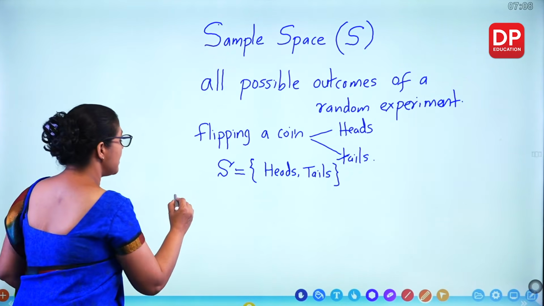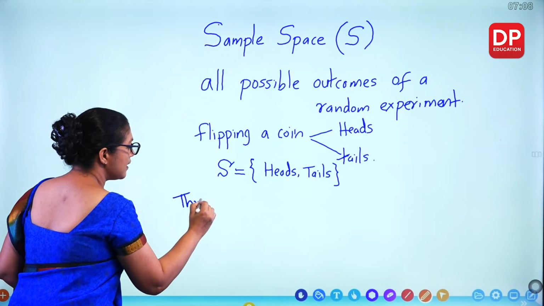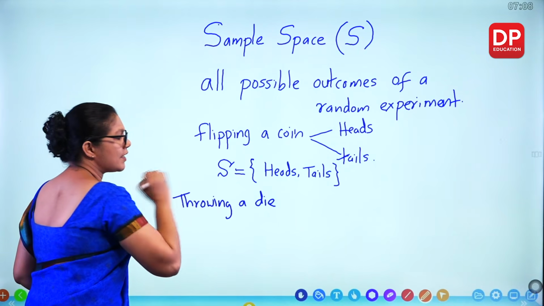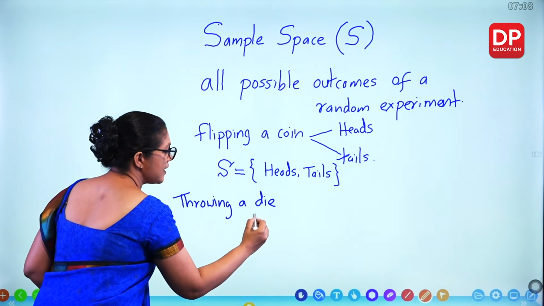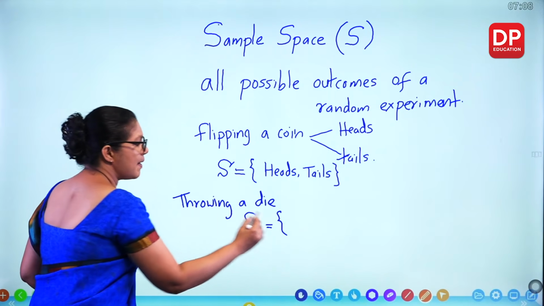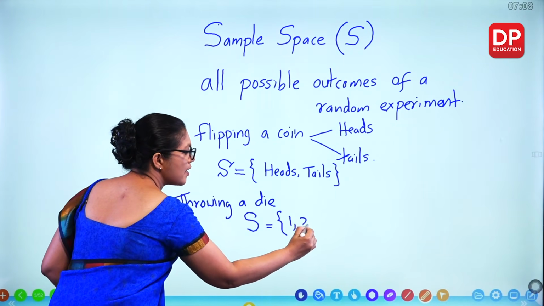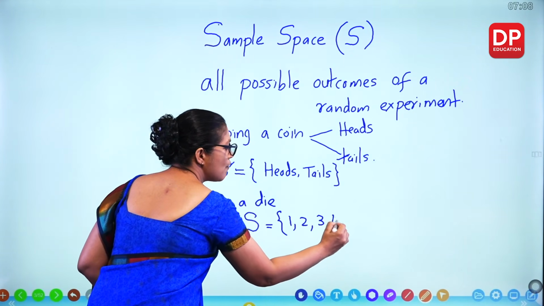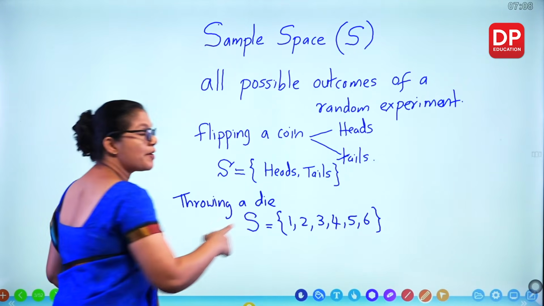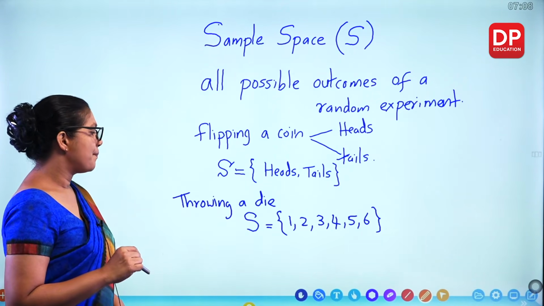If I say throwing a die, what are the possible outcomes? I can write the sample space S is equal to, within curly brackets, 1, 2, 3, 4, 5, 6. Don't repeat the same outcome.